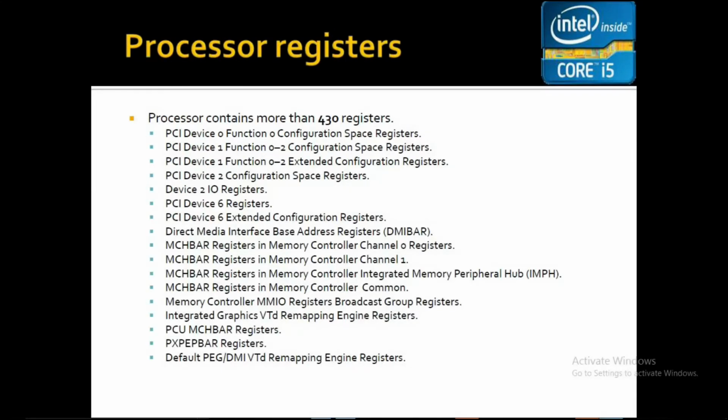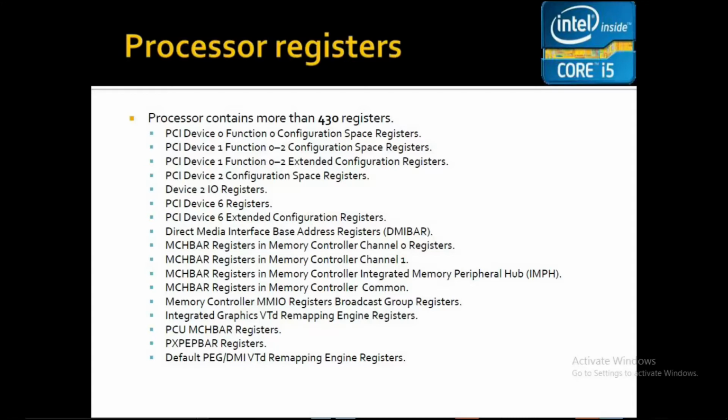Assalamualaikum warahmatullahi wabarakatuh. My name is Muhammad Amr Alif bin Nabila. I want to explain about processor registers and cache memories. The processor contains more than 430 registers. First, PCI device 0 function 0 configuration space registers.